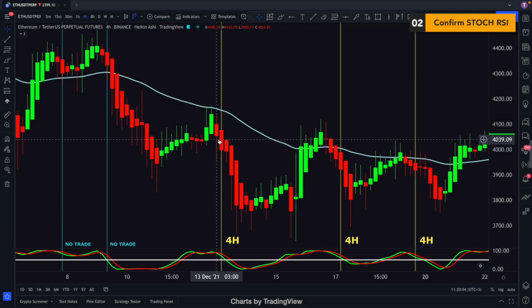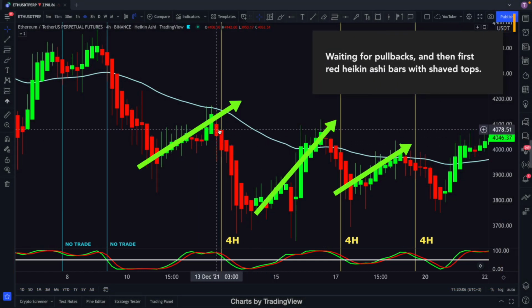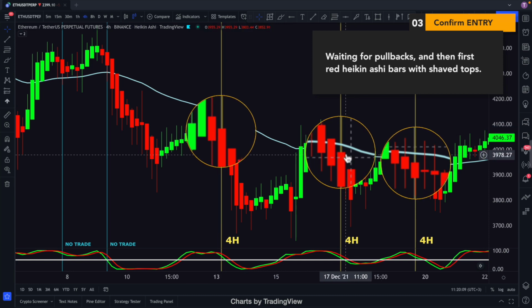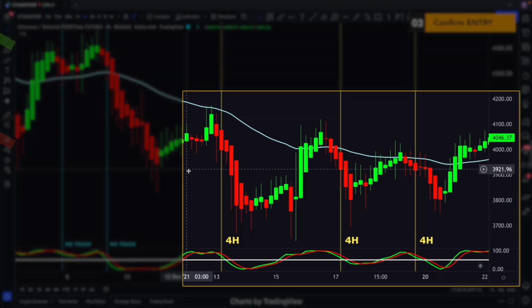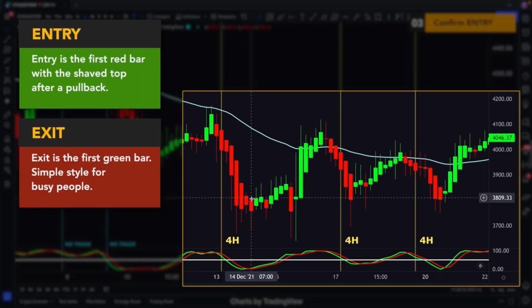As you can see, after a while, we have red Heikin Ashi bars with flat tops. These are my entry bars. In these examples, I'll use the simple exit strategy of exiting with the first green Heikin Ashi bar. Finally, these bars are my exit bars. If you are a really busy person, this style may suit you.